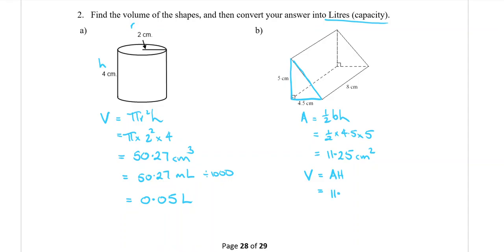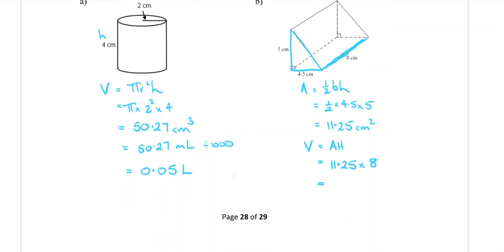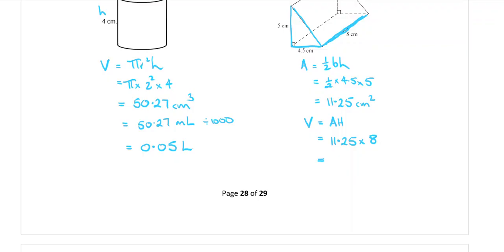Now we want to find the volume, which is V equals AH. The area that I just found was 11.25, and then I want to times that by the height of the prism, which is the one going back from the triangle, which will be the 8. 11.25 times 8 is 90 centimeters cubed.